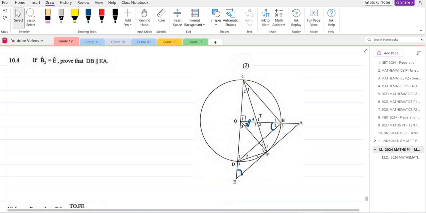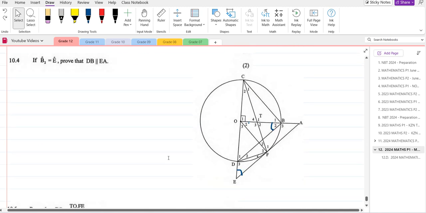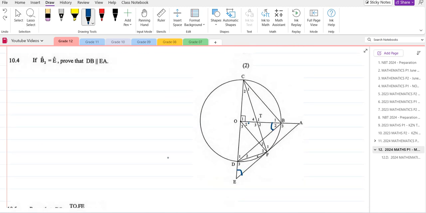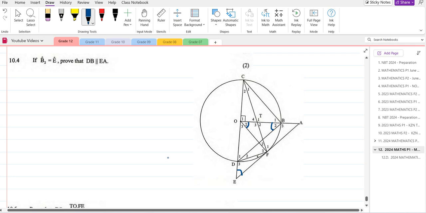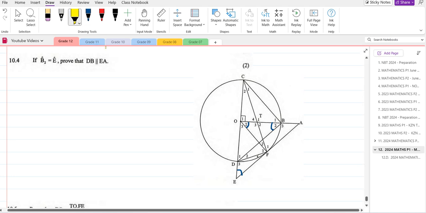So if they're saying angle B2 equals angle E, then it's also equal to angle O2. Okay? Prove that DB is parallel to AE.